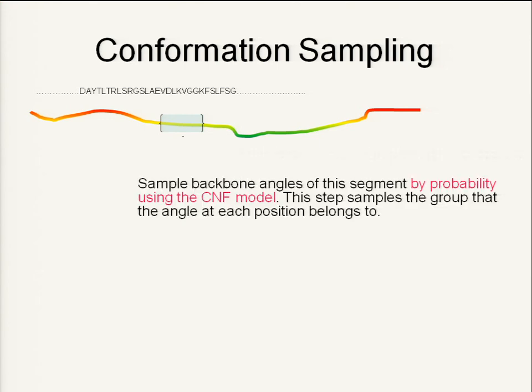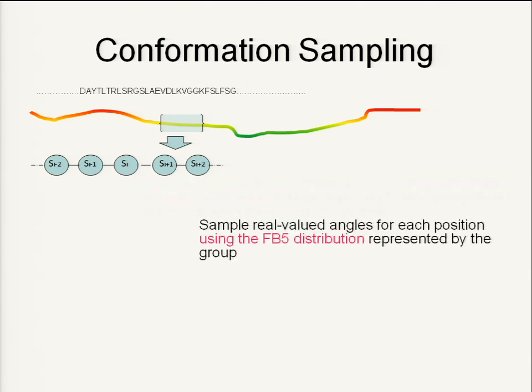And then we sample the backbone angles of this segment by the probabilities from the CNF model. So each Yi here, as we mentioned, is an FB5 label. When we have the label, we use the FB5 distribution to sample the real-valued angles of the theta tau pair.